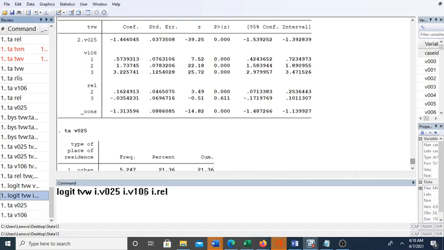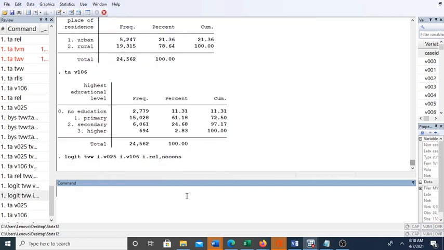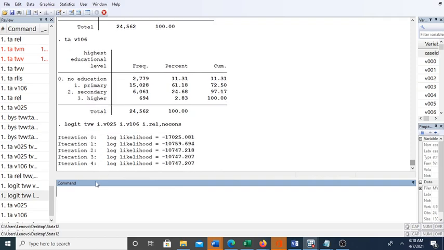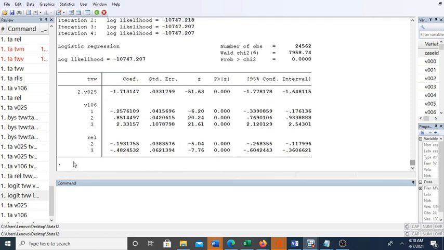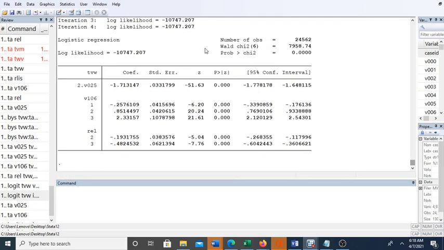Now, this model can change if we can control here. If we say no constant, meaning no constant, we can rerun the model and see that once we say no constant, all variables are significant and even the direction of the signs has changed.